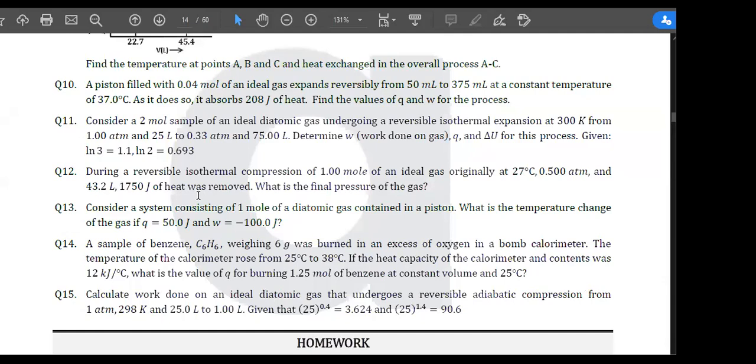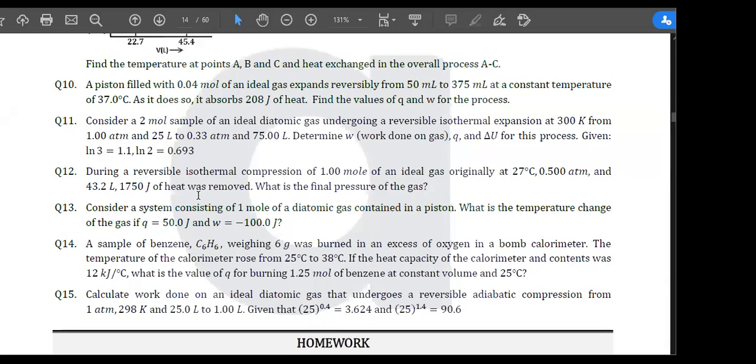10 to 15 पे डाउट है तो पूछो. 14, ठीक है? 14 से पहले 13, 14. Okay, let's see.